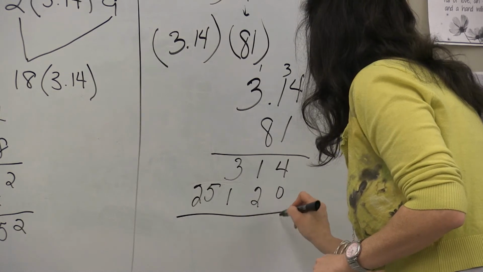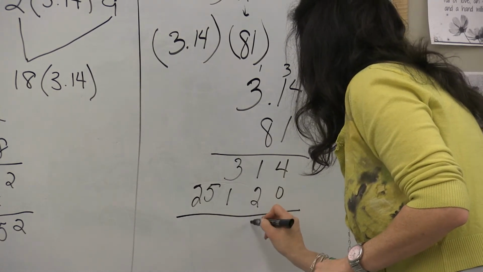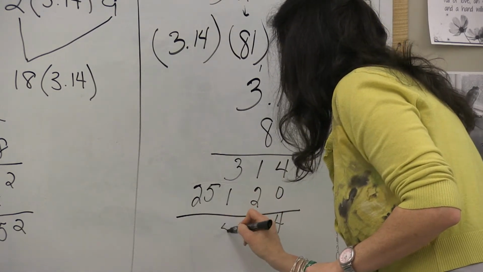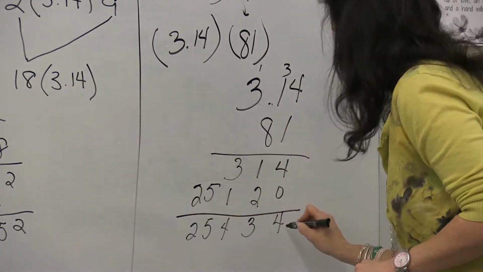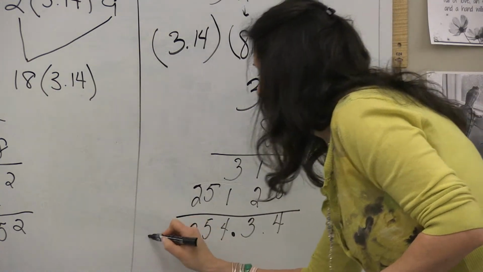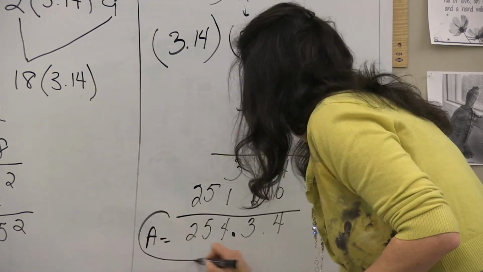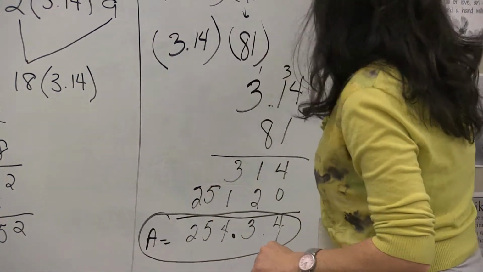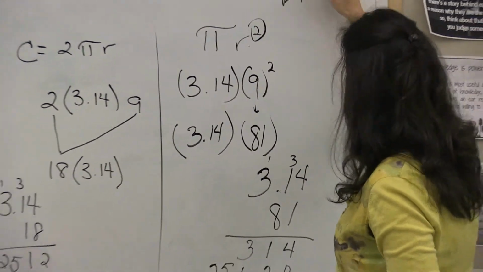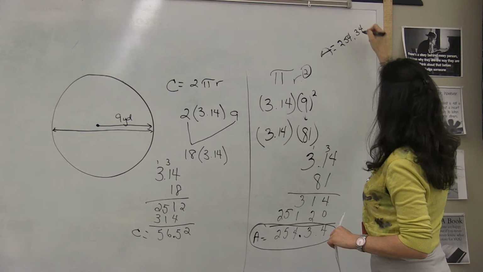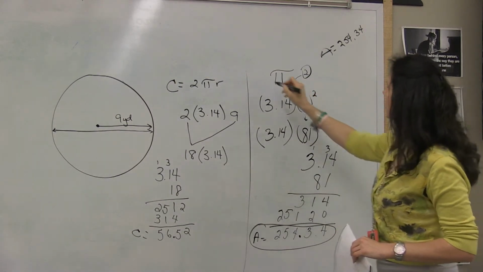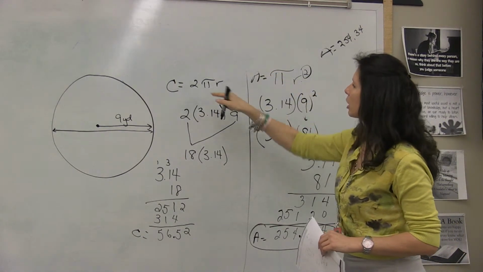We know this is a 0, so 4, 1 plus that is 3, 3 plus 1 is 4, and then 5, and then 2. Remember, we have 2 decimals, so we need to carry 2 decimals. So your area for this is right here. So A equals 254.34. And that's how you do your area. This is going to be your area, and this is going to be your circumference.